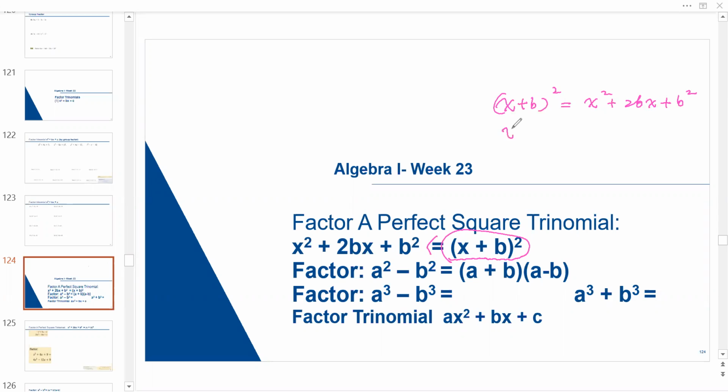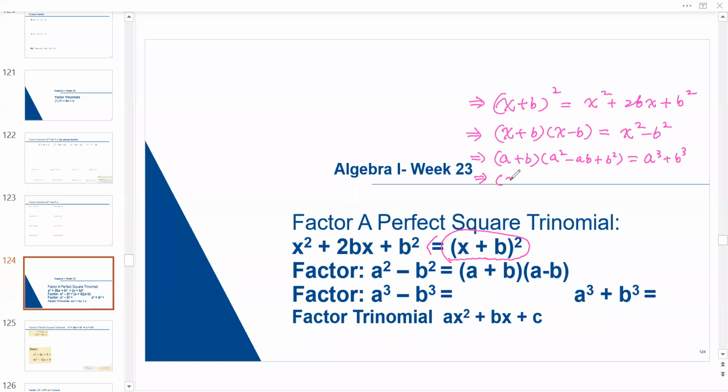The second one is (x + b)(x - b), the specific product. This equals x squared minus b squared, right? And we also learned the third one: (a + b) times (a squared minus ab plus b squared) equals a cubed plus b cubed, right?